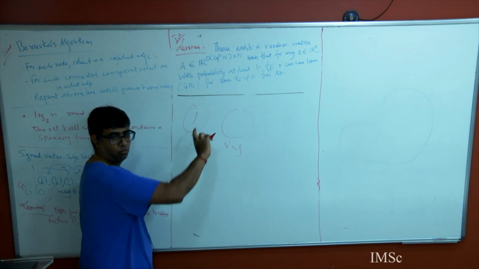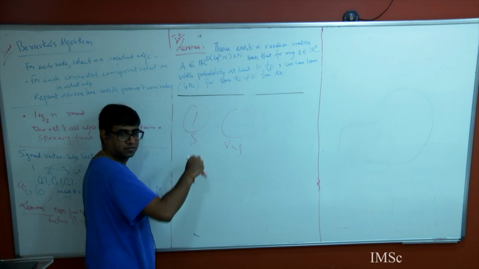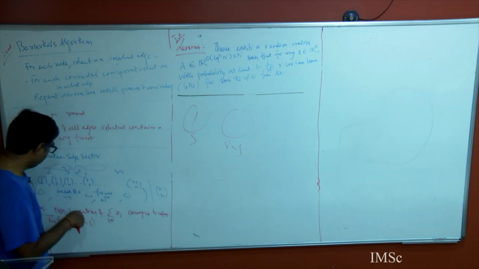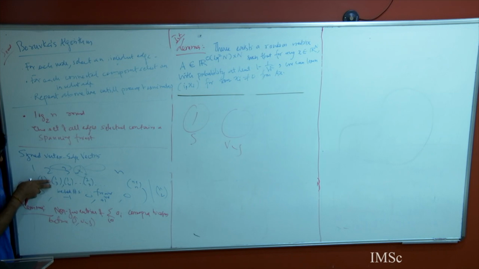If there is an edge, and I am summing these vectors, notice first of all, for any i, j, either it is in the ith vector or in the jth vector, and at one place it occurs as positive, the other place it occurs as negative, because either i is ahead or j is ahead.